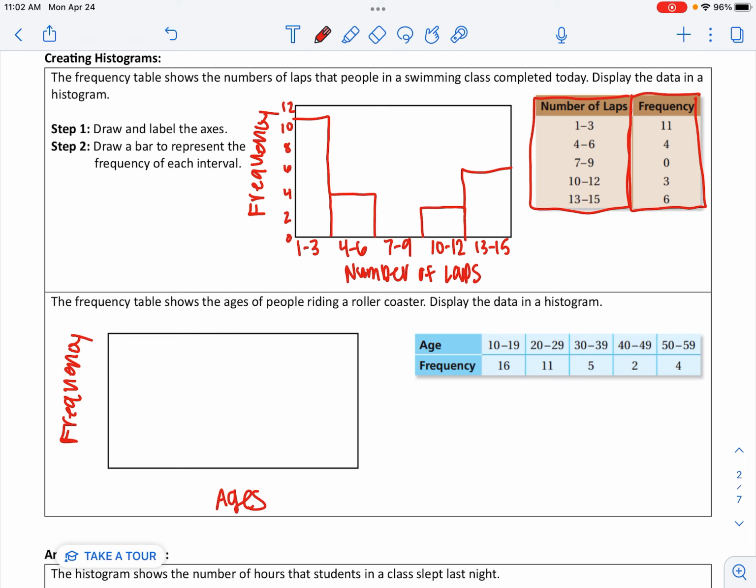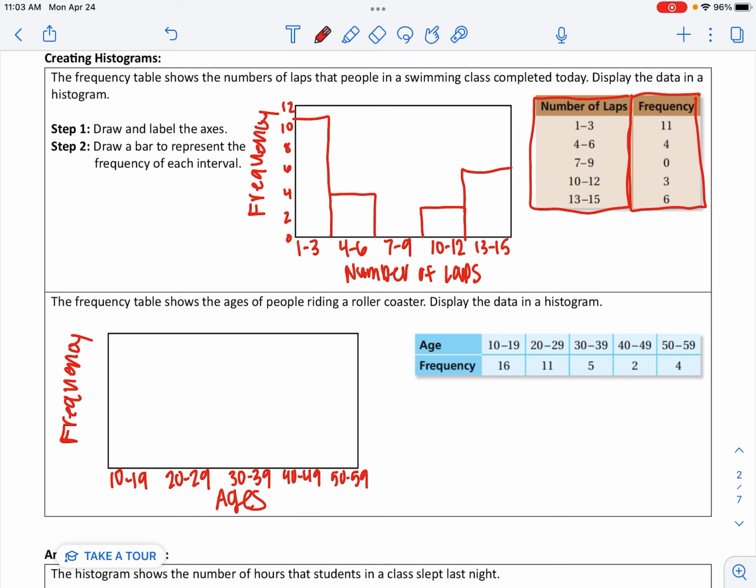Okay, so for my intervals, I'm going to have 10 to 19. Then I have 20 to 29, 30 to 39, 40 to 49, and then 50 to 59.